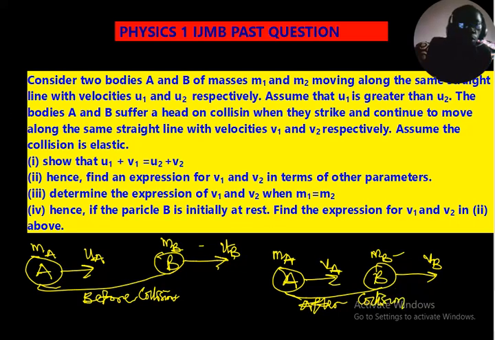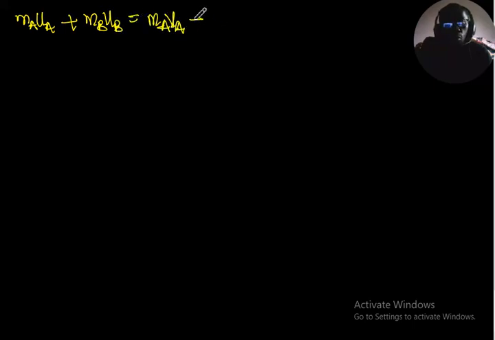After collision, so what do we need here? We need to apply the principle of conservation of linear momentum. So what does the principle of conservation of linear momentum state? MA UA, total momentum before collision, plus MB UB equals MA VA plus MB VB.